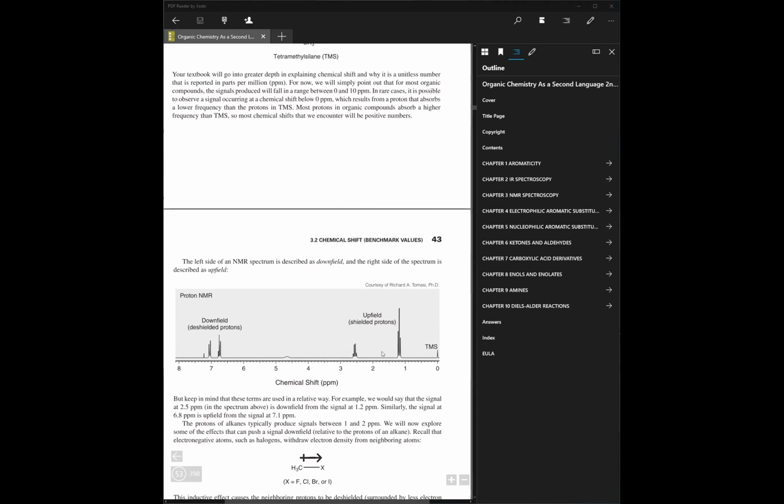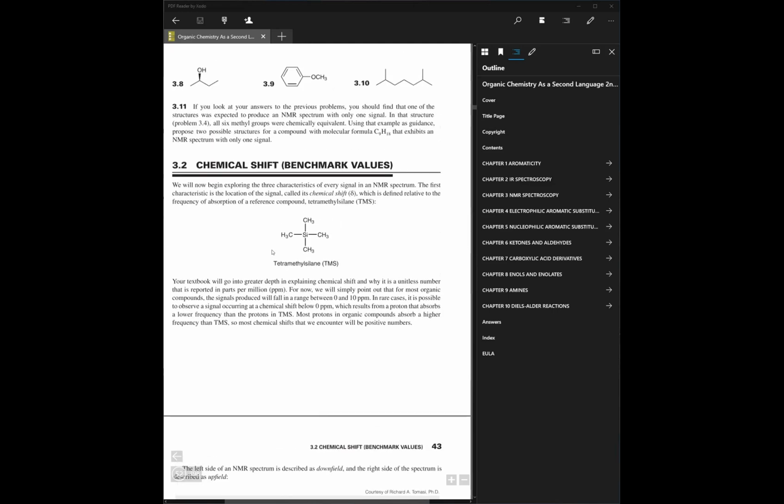Sometimes you'll see things shifted in the negative direction, usually in metallic compounds, but for the most part you'll be dealing with positive values, anything above 0. Our internal standard is tetramethylsilane, which was determined to be at a benchmark value of 0.